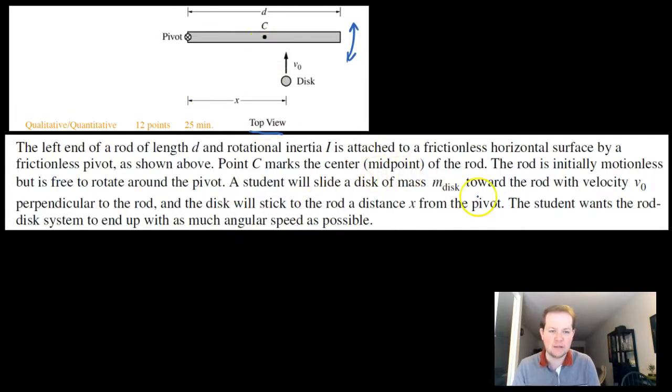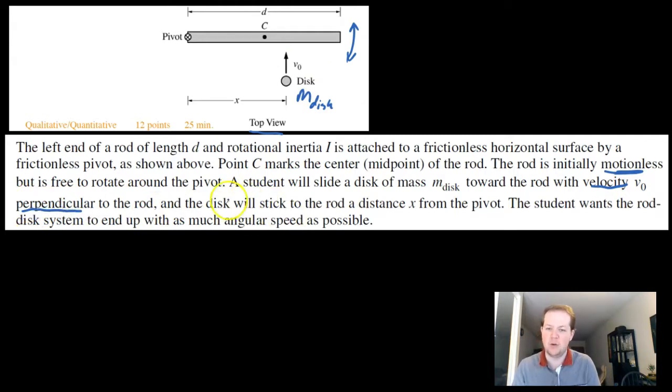All right, that makes sense to me. The rod is initially motionless, but is free to rotate around the pivot, okay? The student will slide a disc of mass m disc, so this right here has a mass of m disc, toward the rod with a velocity v naught. They have the velocity right there, perpendicular to the rod.